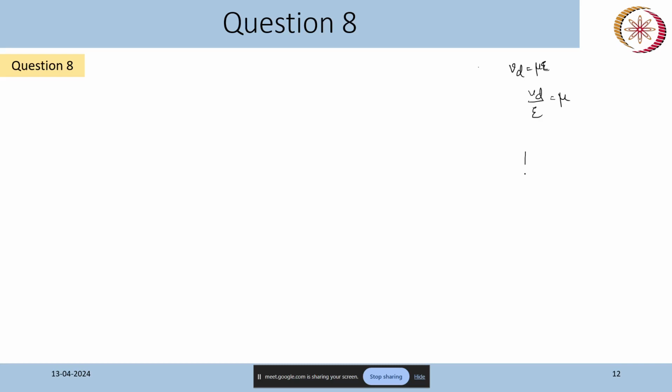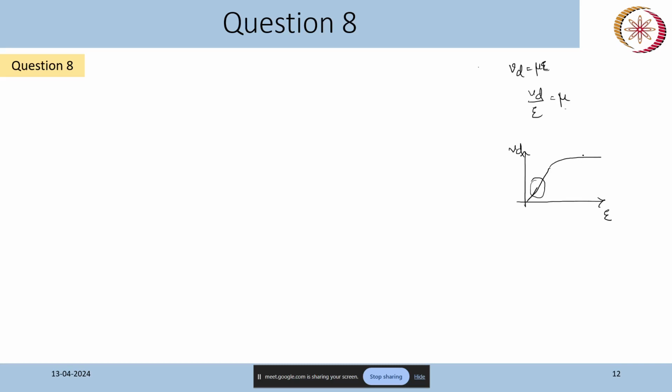But what happens practically is that if this is our electric field and this is drift velocity, initially, due to electric field, drift velocity increases. After a point, it becomes constant. This is the velocity saturation effect. So the velocity is constant. Now the mobility is given by the slope here. So slope in this region, that basically gives mobility.